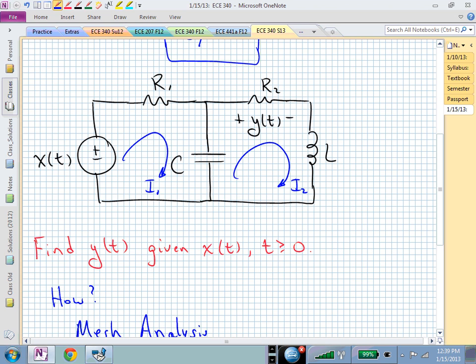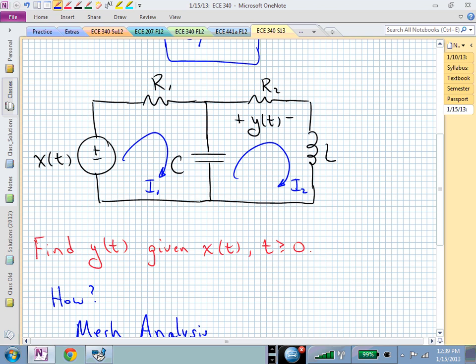Let's ask some other questions. What happens to this circuit at low frequencies? How does this circuit behave at low frequencies? So if we're thinking about those impedances, the answer was your inductor is going to be a short because its impedance in the S domain is sL.